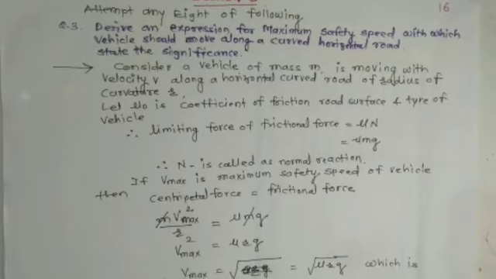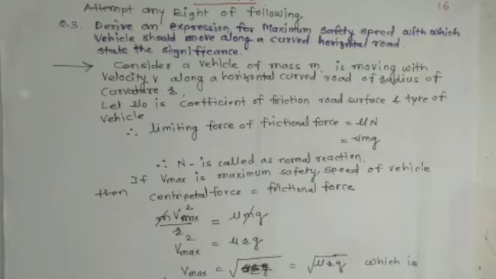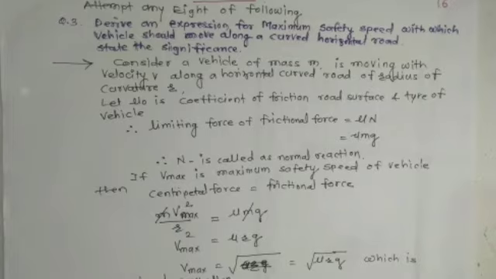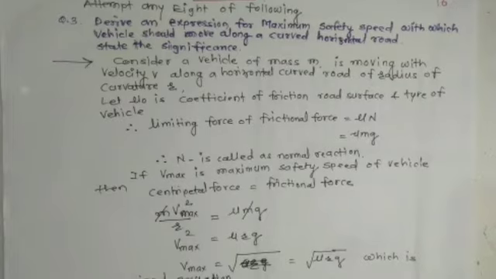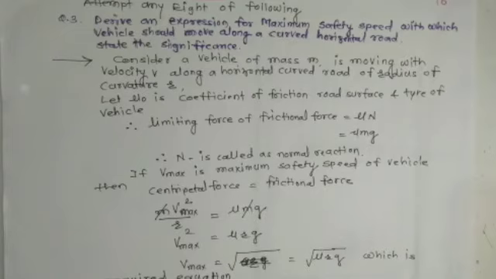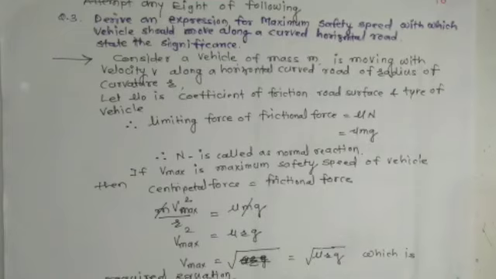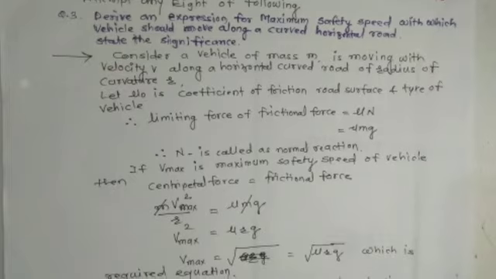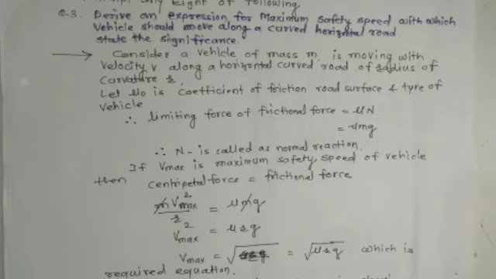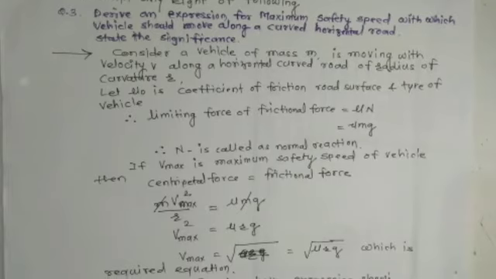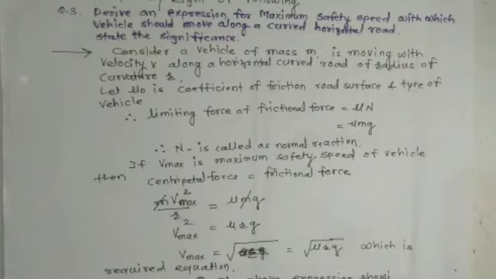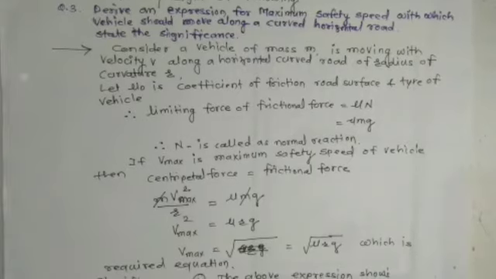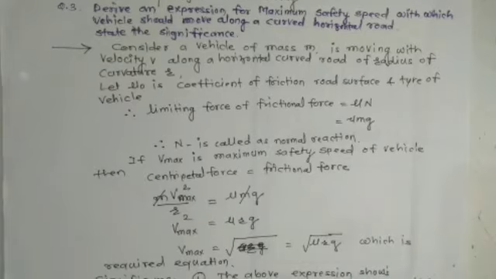Let mu be the coefficient of friction between the road surface and the tire of the vehicle. Therefore, the limiting frictional force is equal to mu N, where capital N is the normal reaction, that will be mu into mg. So, if V maximum is the maximum safety speed of the vehicle, then for circular motion centripetal force is necessary, which is provided by the frictional force.